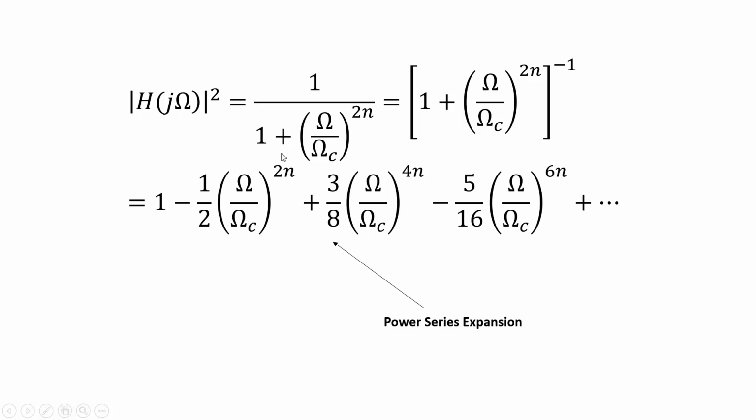If we make the approximation up to this point, we can replace this term with 1 minus half omega over omega c to the power 2n, rather than dealing with this minus 1. This is the power series expansion we can do.